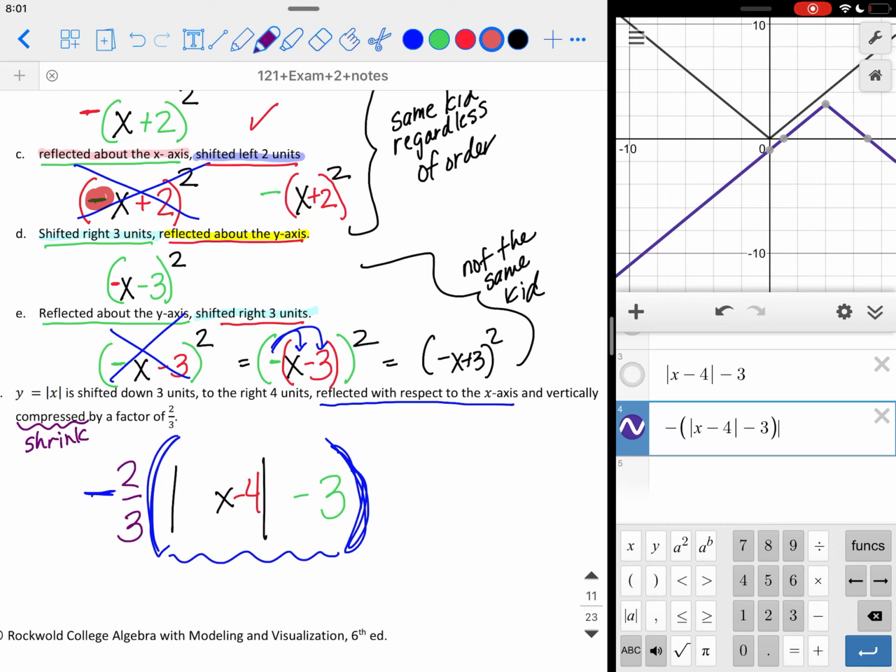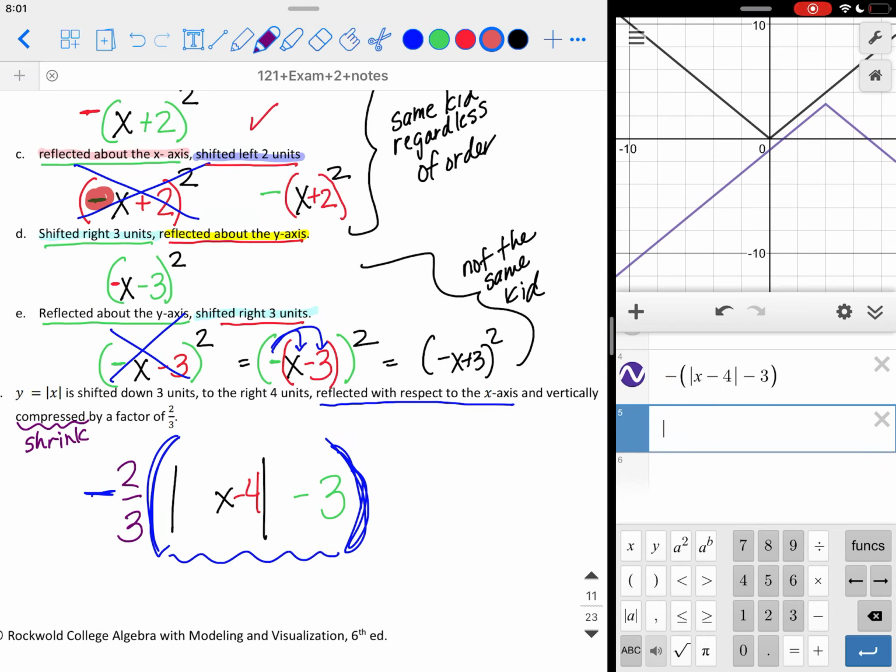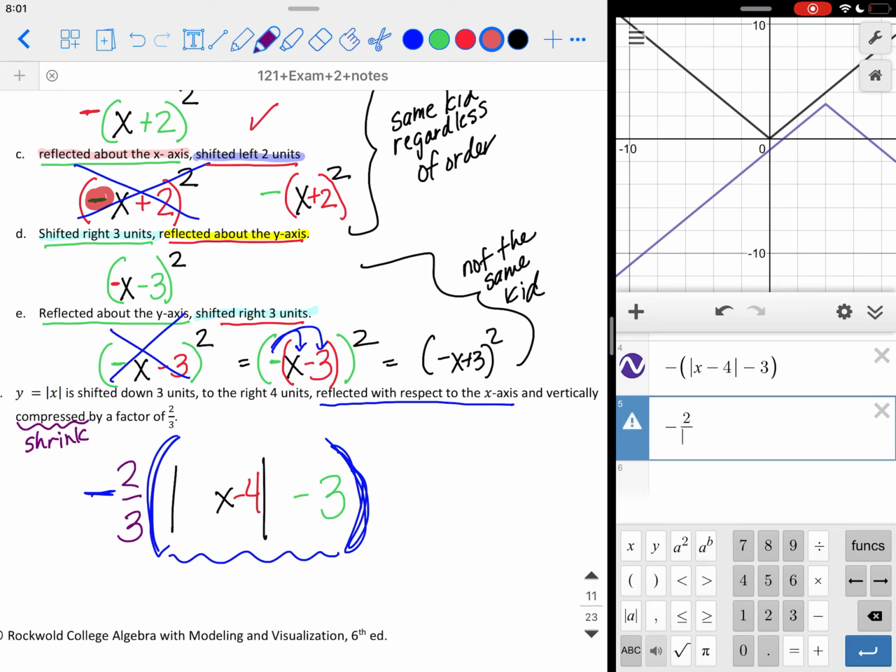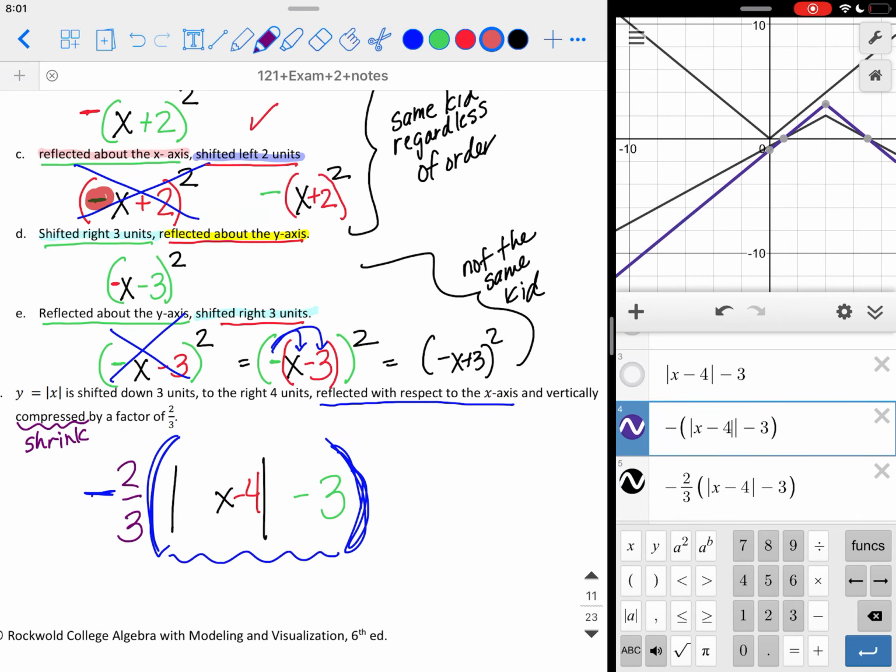So let me see. So this is going to be negative 2 divided by 3. And then parentheses, absolute value of x minus 4, minus 3. And then close the parentheses. So let's see. Here's our kid, second trimester. And we're going to vertically compress it.